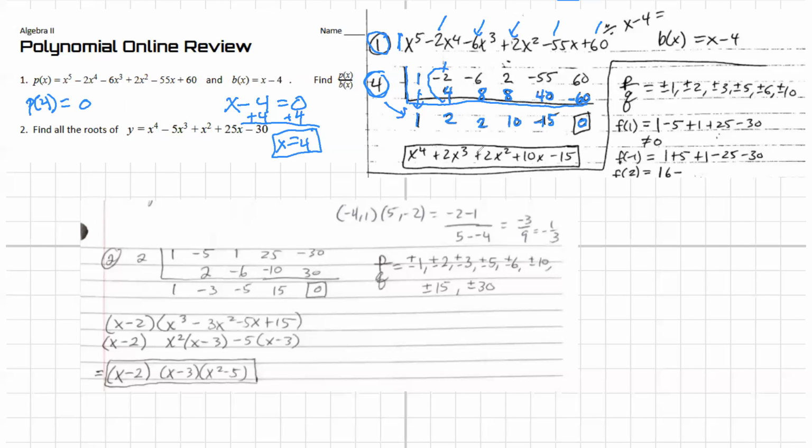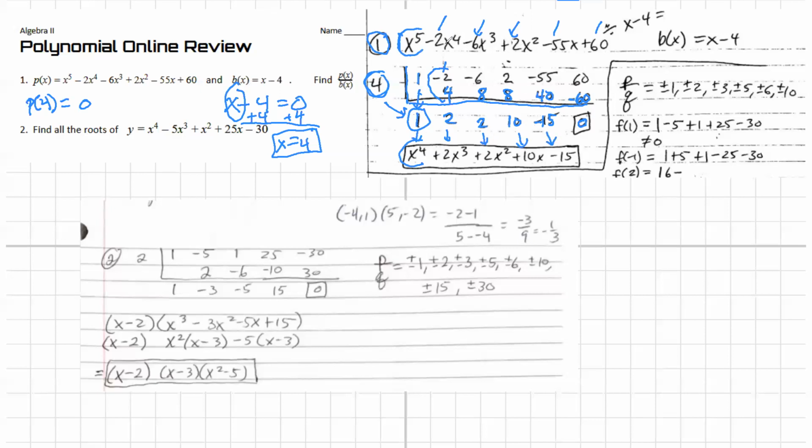We need to go a step further and write what the correct answer is. So if I want to take this and divide it by this, what this 1 means is we reduce the x to the 5th by 1 degree, because you're dividing x to the 5th by another x. So if you take this degree down 1, you get x to the 4th. So this is 1x to the 4th plus 2x to the 3rd, plus 2x squared, plus 10x minus 15.